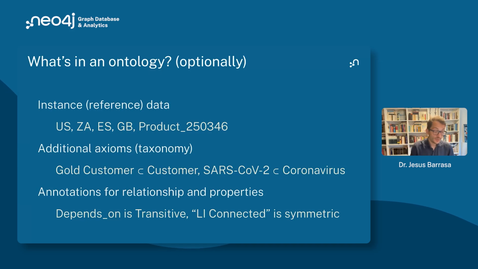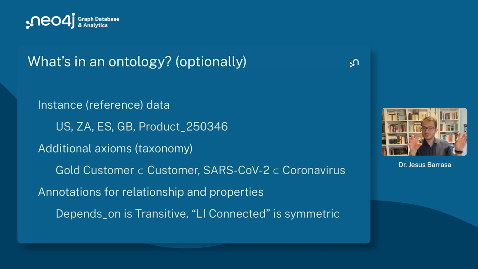That's one thing. You can add additional axioms to your ontology, and I don't want to use fancy words, but they are like rules to enrich your collection of categories. For example, you might say that something is a subcategory of another thing. I've defined what a customer is. Well, there's the notion of a gold customer or platinum customer, and this is a subcategory of customer.